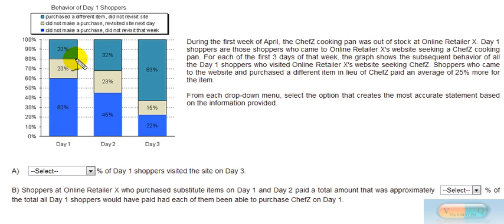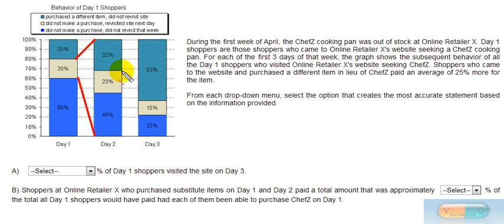So let me just draw that out. That's basically from here blown up like this, right? And then if you look at this, did not revisit, only this gray one revisited the next day.